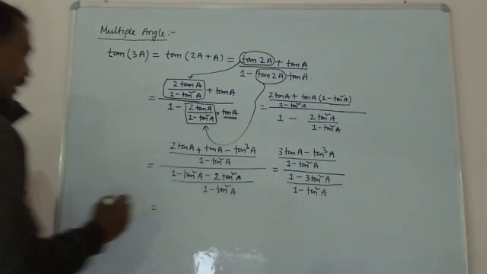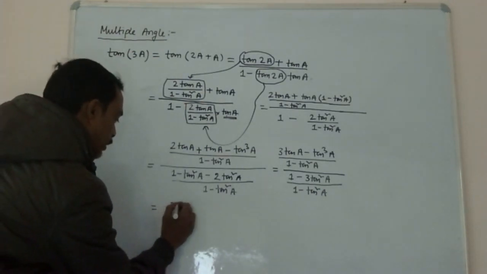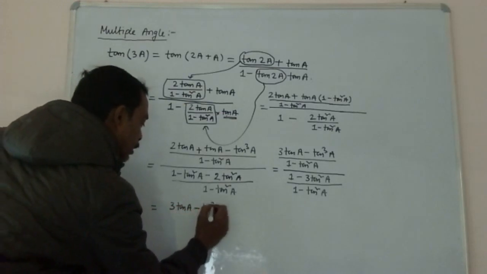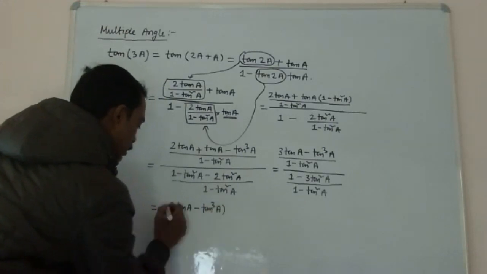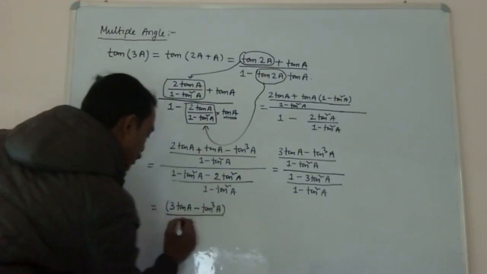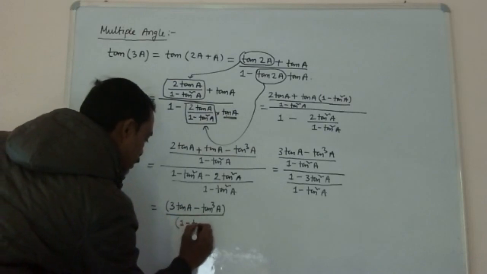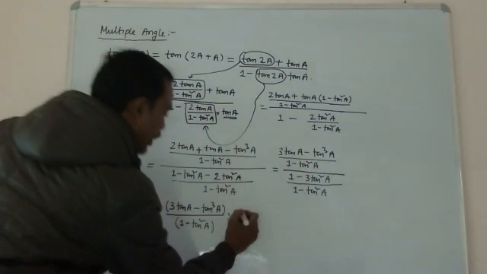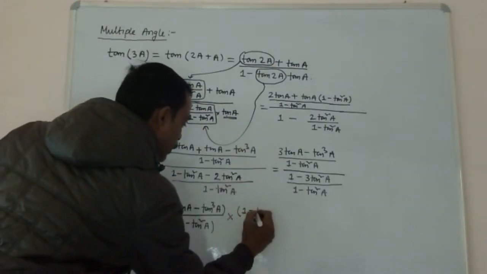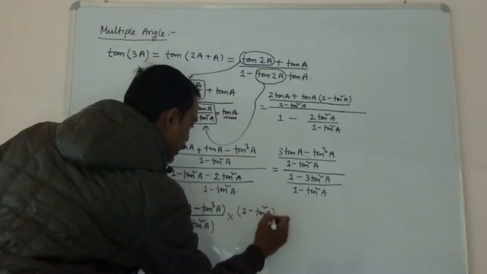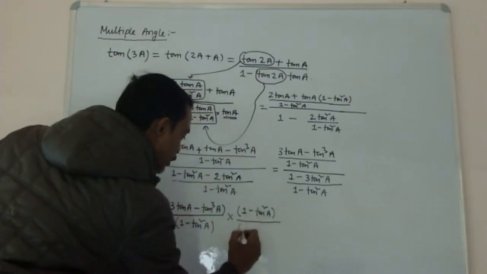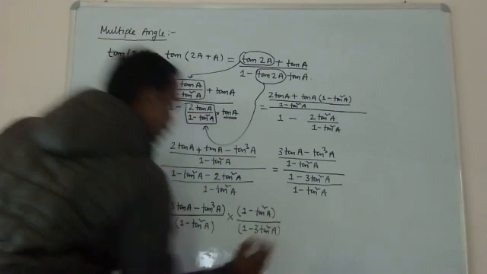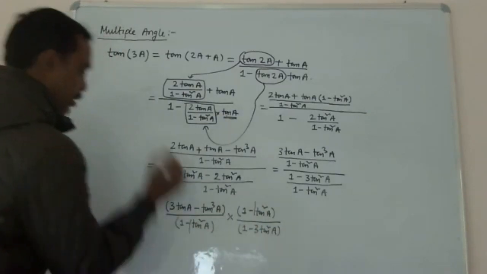Now if we multiply that, then in the upper half it is 3 tan A minus tan cube A divided by 1 minus tan square A, into 1 minus tan square A in the upper half divided by 1 minus 3 tan square A. Now this and this will be cut.